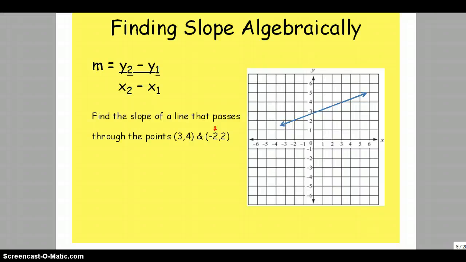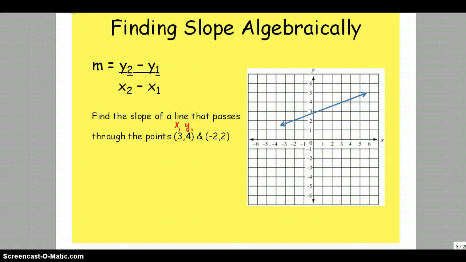Now sometimes we're going to need to find our slope algebraically. When I find my slope algebraically, I'm always going to use the formula m equals y sub 2 minus y sub 1 over x sub 2 minus x sub 1. It doesn't matter which set of points I label what, so that's just going to be personal preference. So I'm just going to label this x1, y1.